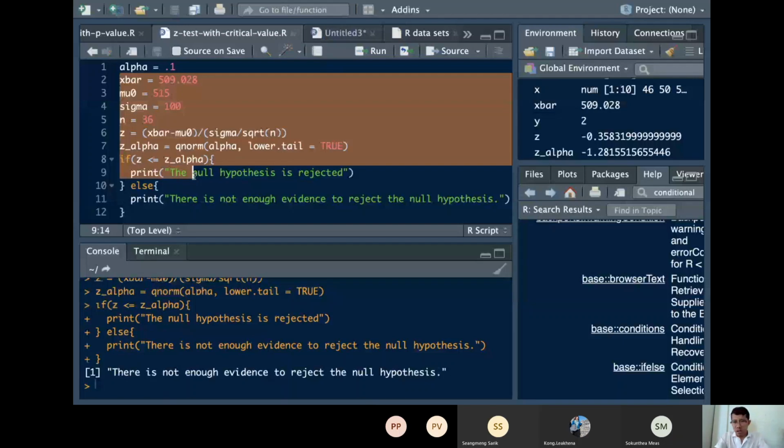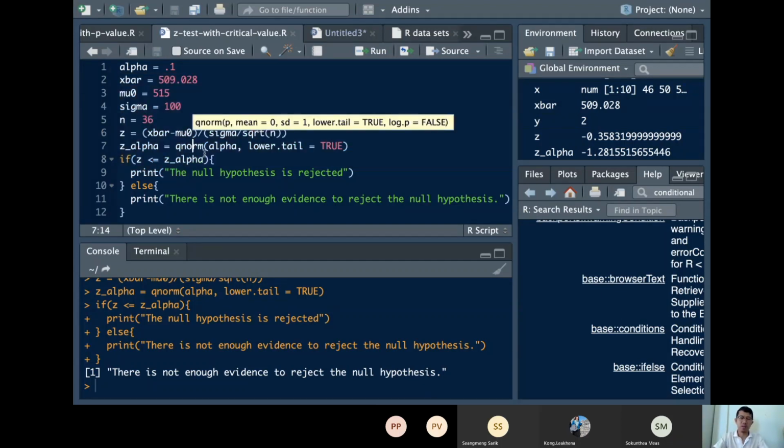Because R is free, the code is written using a series of commands, different from SPSS, where you put in only the numbers and it generates a very nice result. But as I said, SPSS is not free, and sometimes it's not flexible. In R, you can write any code to reflect the real situation you want.